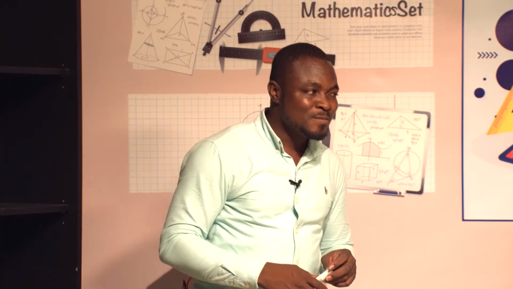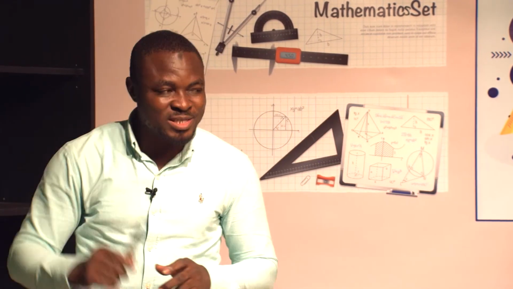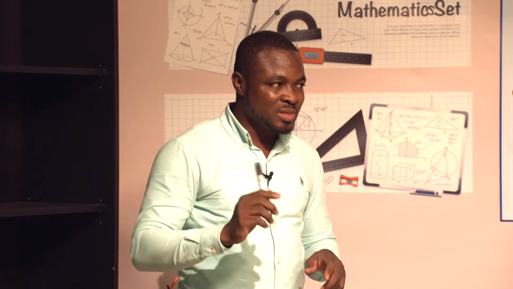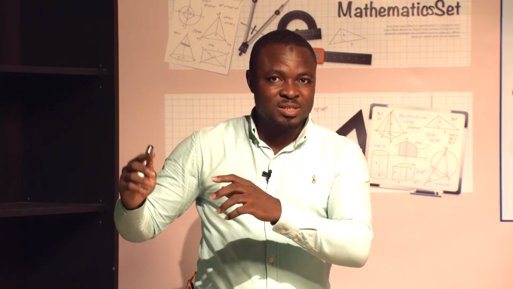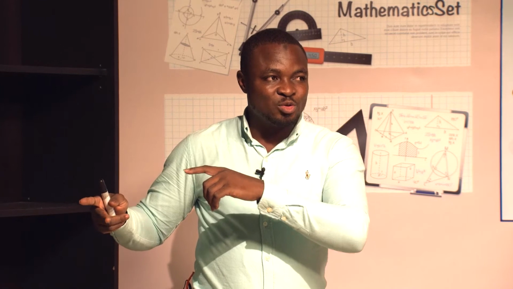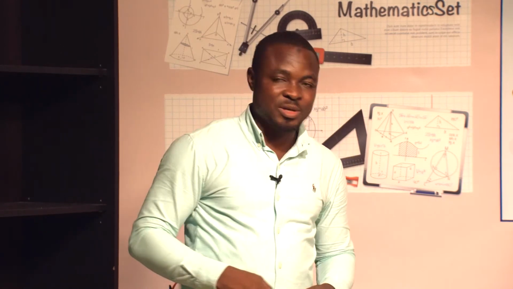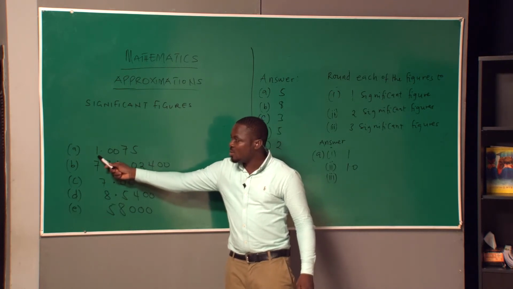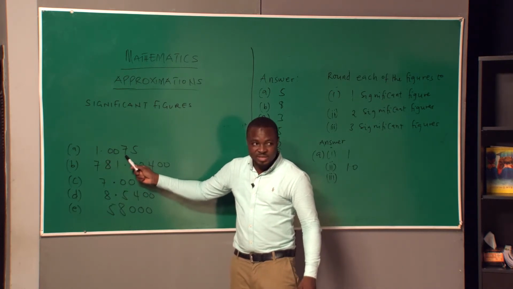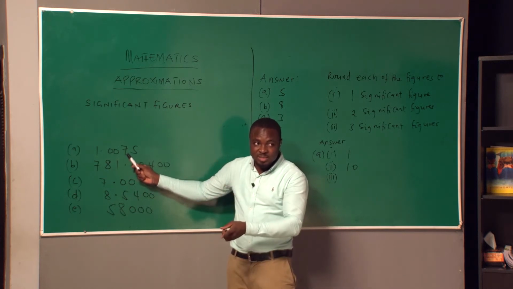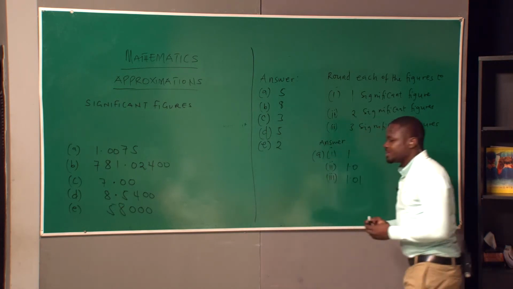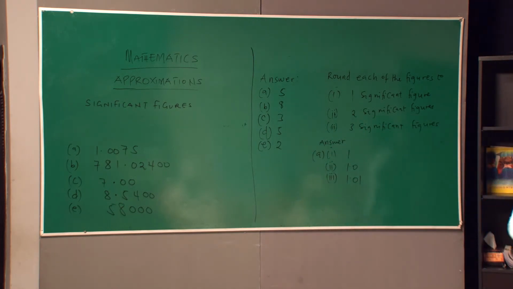What happens to the 7? 1.01. Yes, that is very good. 3 significant figures. Don't throw away the 7 because it is more than 5. So you can add 1 to the 0. So to 2 significant figures, we are talking about 1.00. But the 7 here, you can now round it to get 1. So you have 1.01. Any questions?